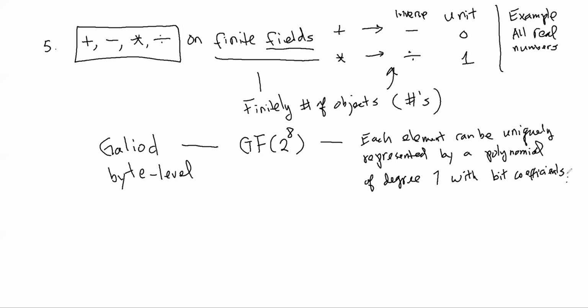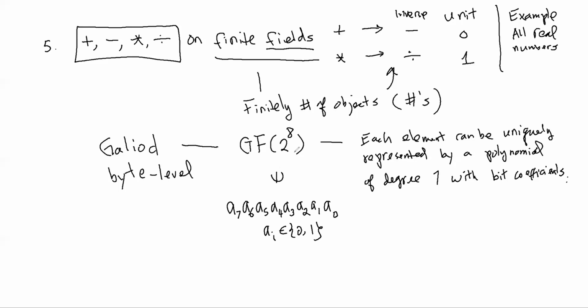That means, for instance, if I have a byte, let's call this byte A7, A6, A5, A4, A3, A2, A1, A0, where each of these Ai is a bit, either 0 or 1. This is an element in this Galois field.